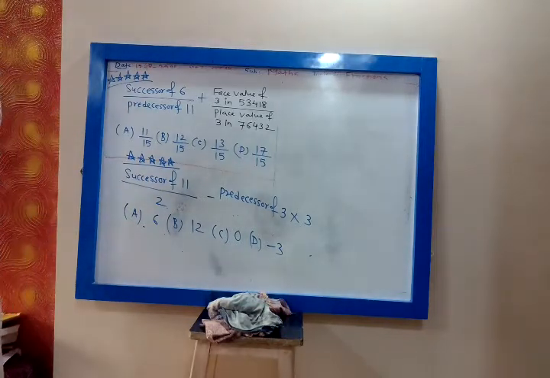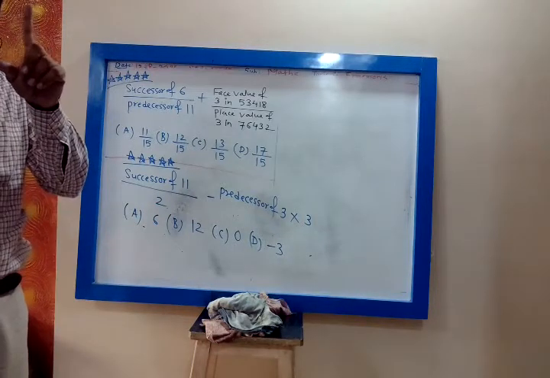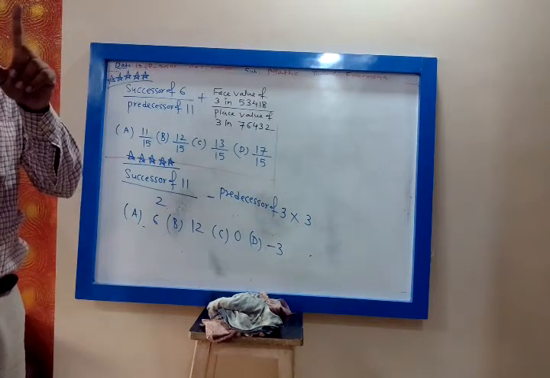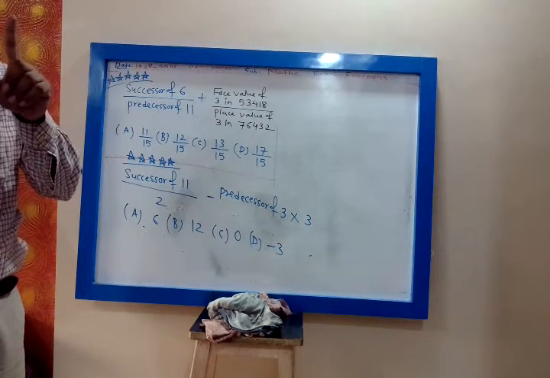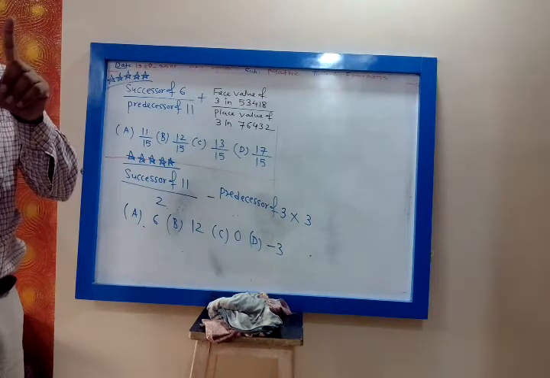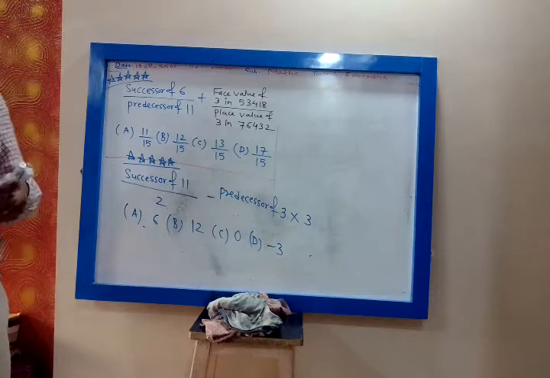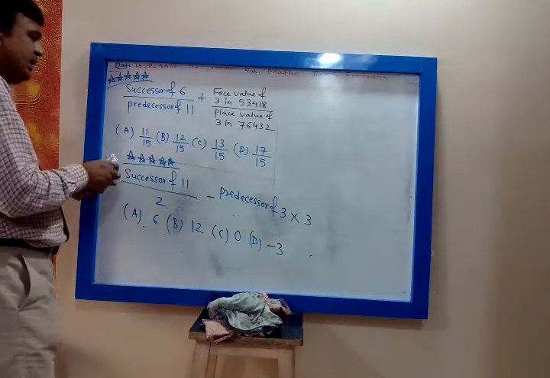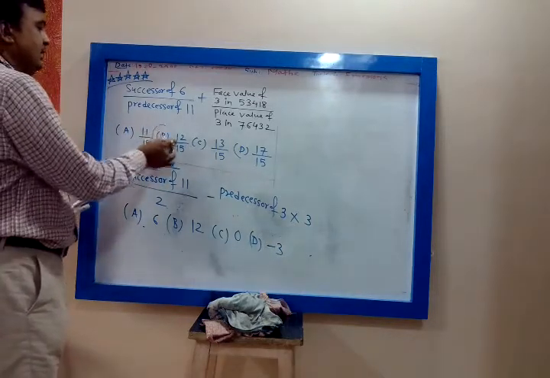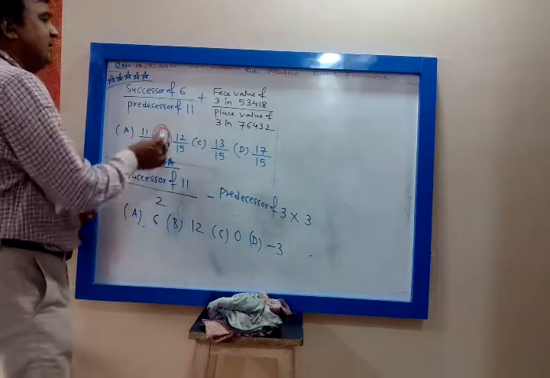Option C, Pavitra. D. B. Now for the first answer, majority are telling B. Let us check whether B is the answer of the first.